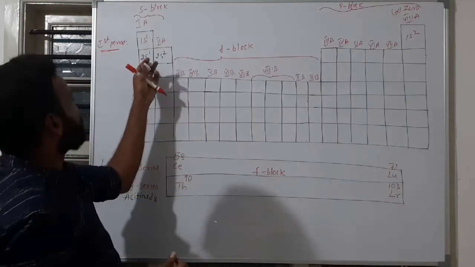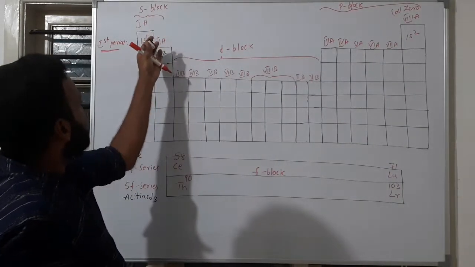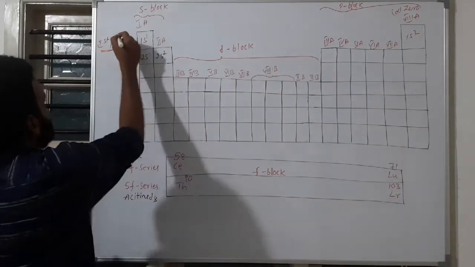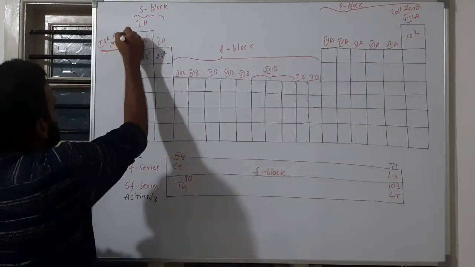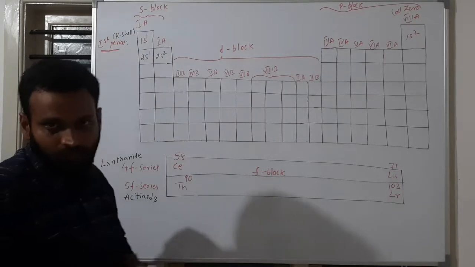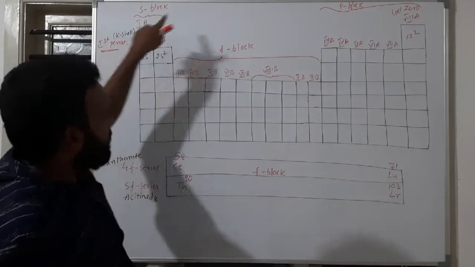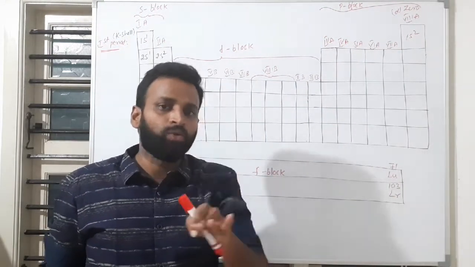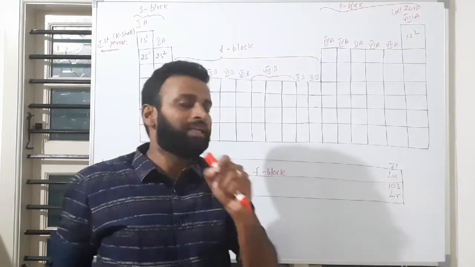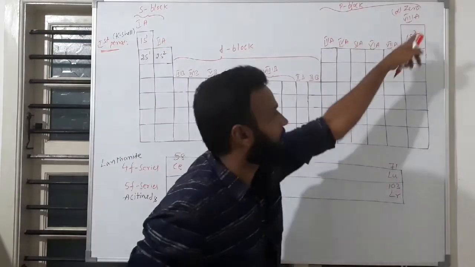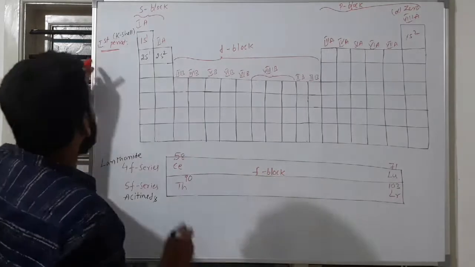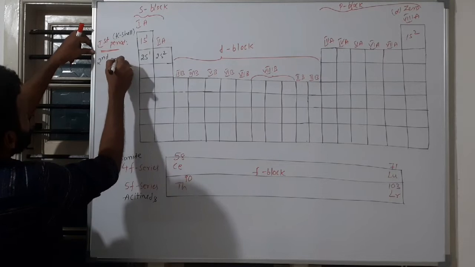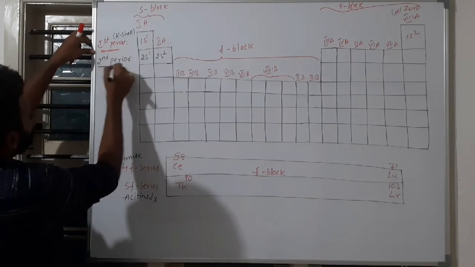The first period consists only of the 1s subshell, the shell we call the K shell. So 1s1 and 1s2. The first period consists of 2 elements, and in those 2 elements electrons are filled in the 1s subshell. Is it clear?